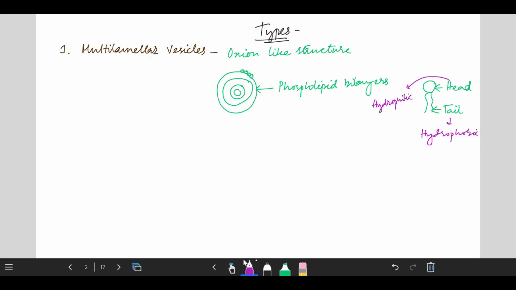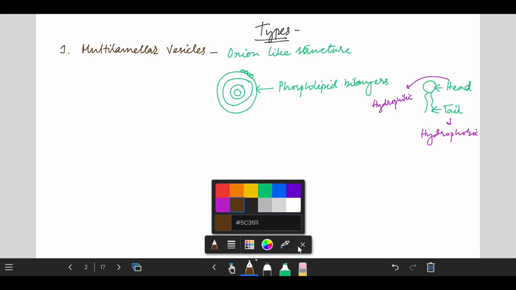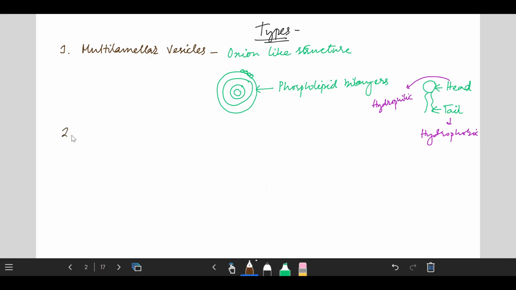Now, what are unilamellar vesicles? Unilamellar vesicles have a single phospholipid bilayer sphere enclosing the aqueous solution.